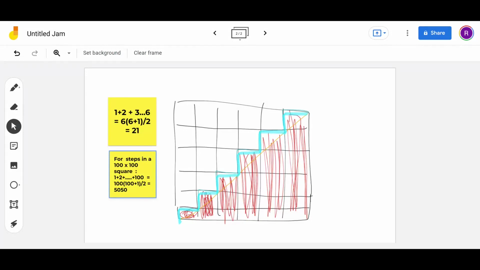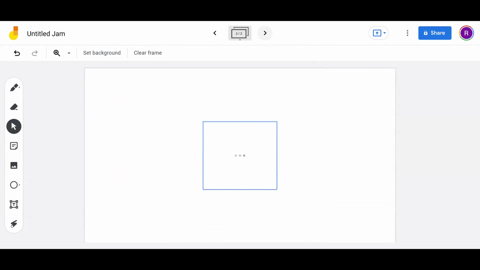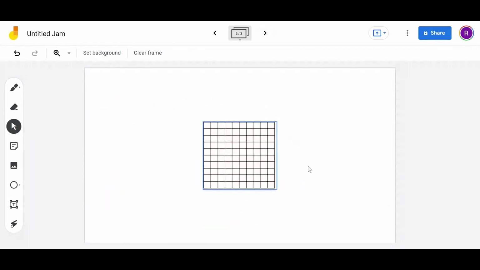So let me show a 100 by 100 grid. Let me copy the image and see if I can put it here. Okay, do you see the 100 by 100 grid?